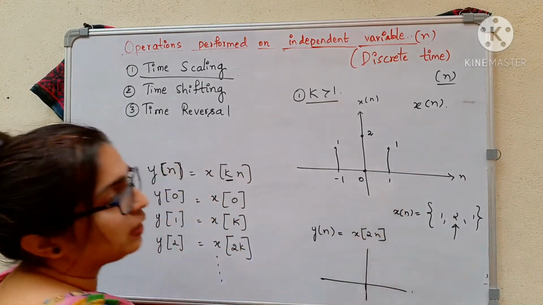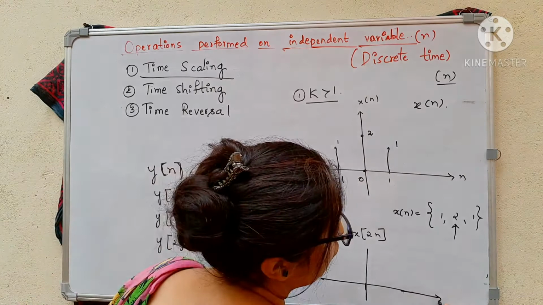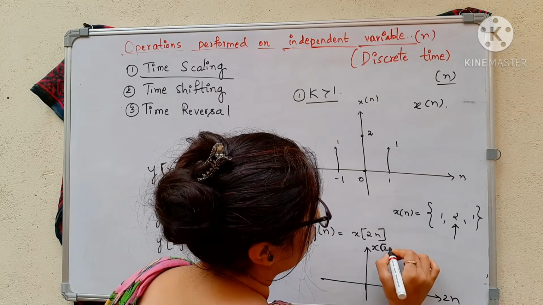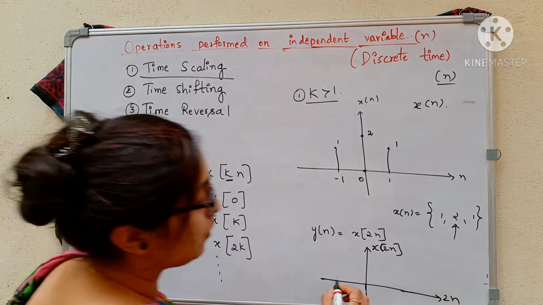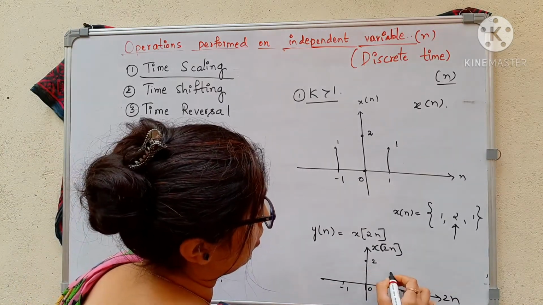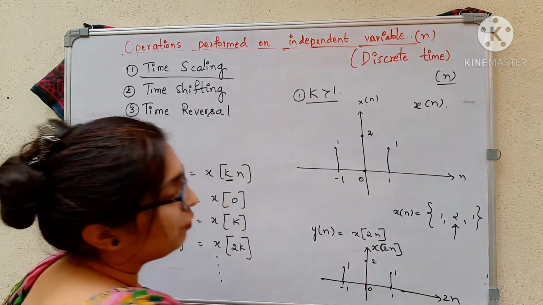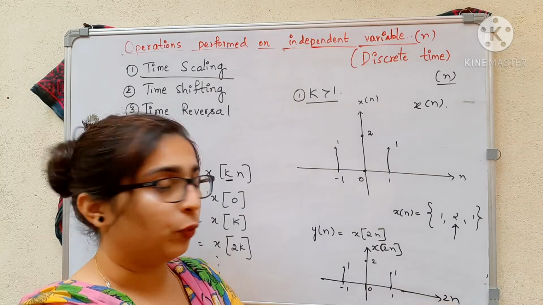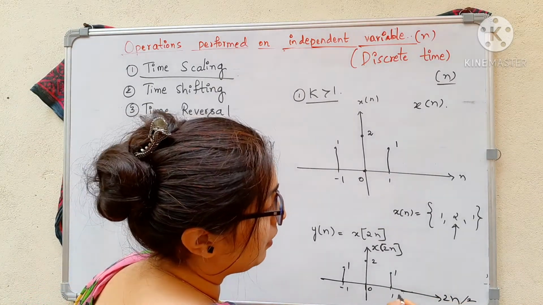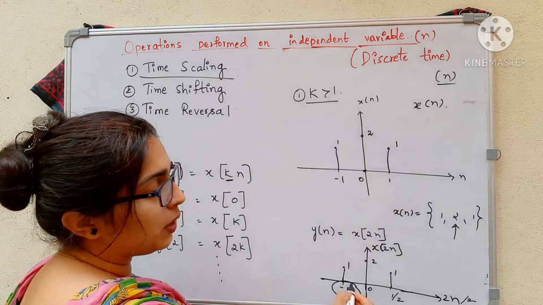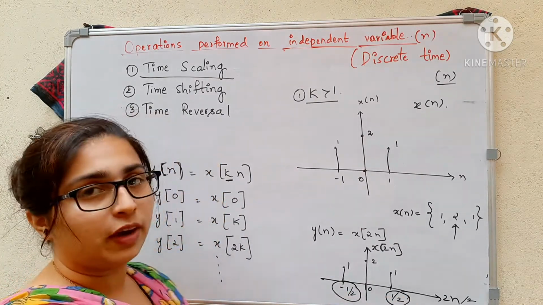We are going to get the compressed version. If I consider 2n, this is our x of 2n, and this one will be the same as it is. But now we require x of 2n with respect to n, not with respect to 2n, so I will divide it by 2. This is minus 1 by 2 and 1 by 2.